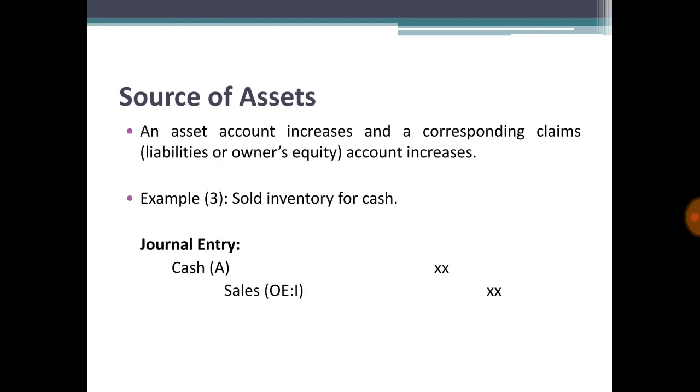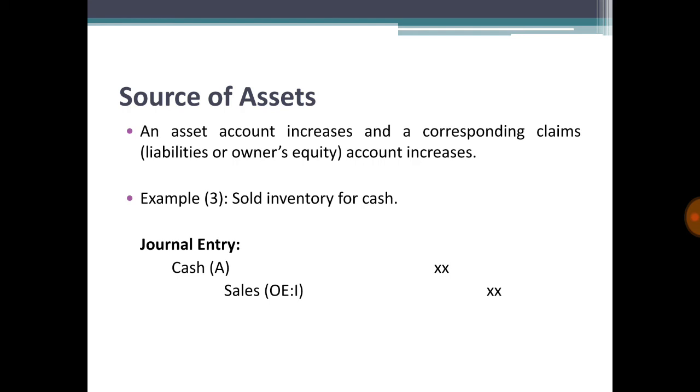If we are going to make a journal entry for this one, we are going to debit cash and credit sales. So there is an increase in our asset and an increase in our income, which also involves an increase in our owner's equity. So just go back to our rules of debits and credits whenever it involves the income and expense accounts for our owner's equity.